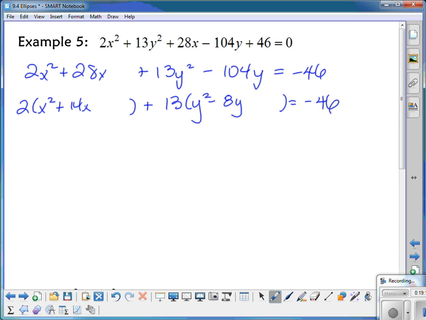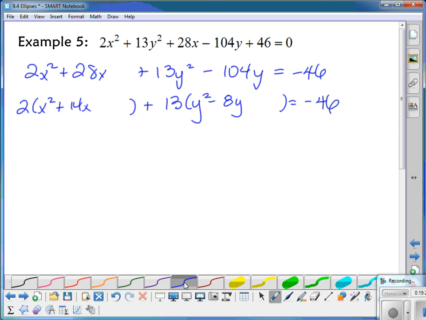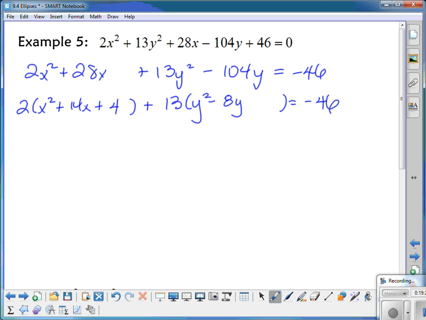So what do I need to complete the square there? Half of 14, which is 7, and you square it, and that's 49. But am I only adding 49 one time? No. How many am I actually adding? I'm adding it twice because of that 2. So what I'm really adding is 2 times 49.